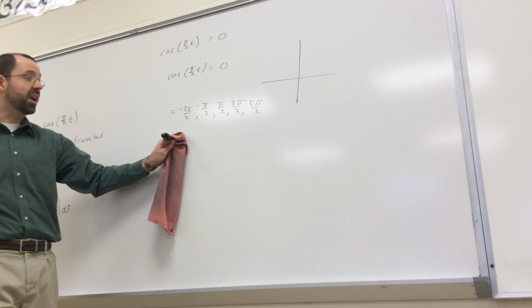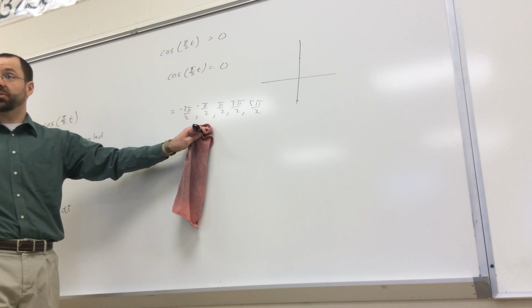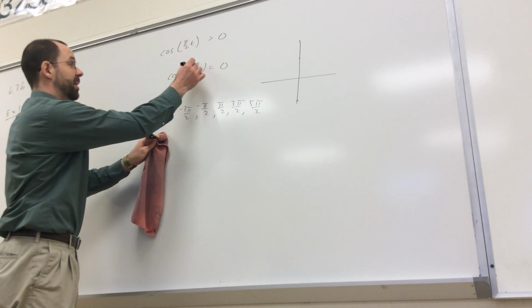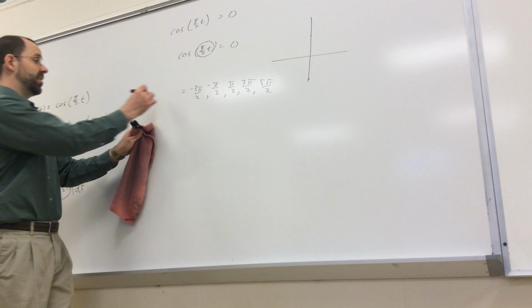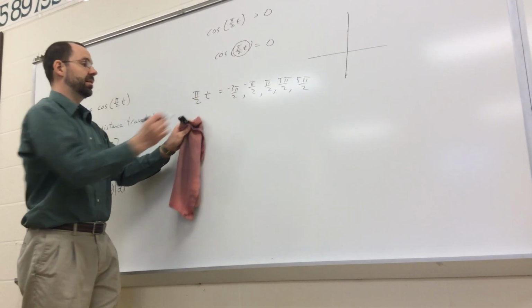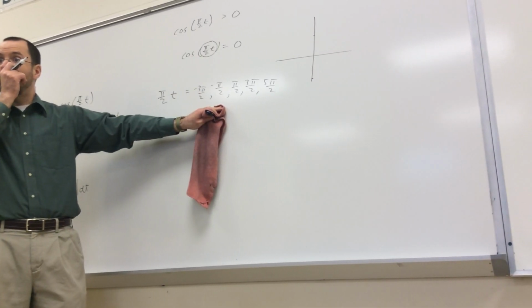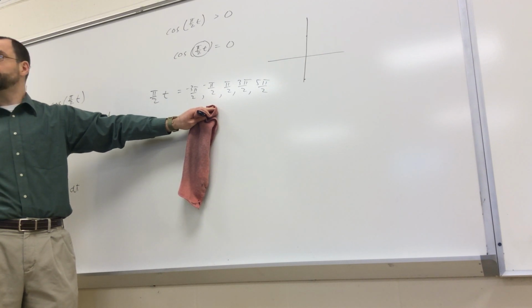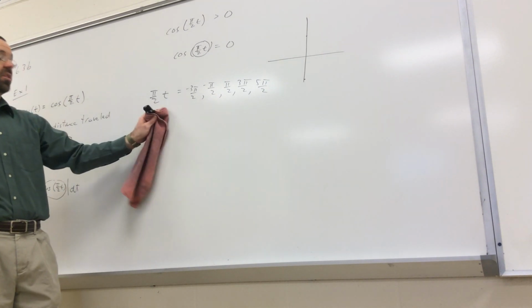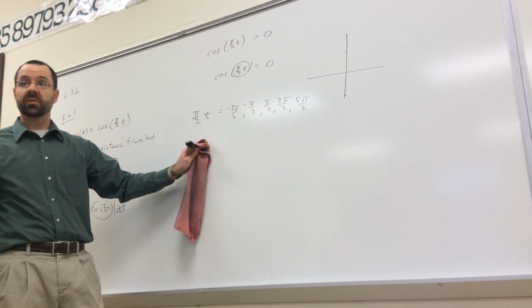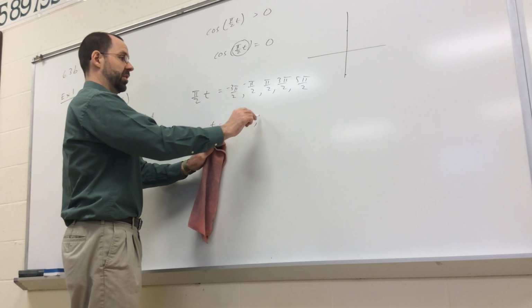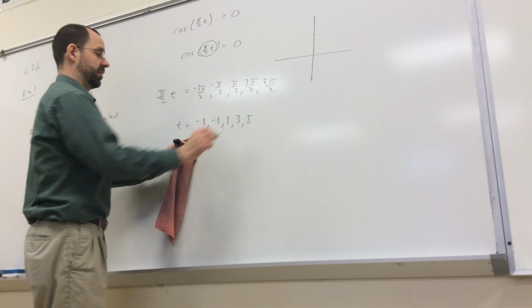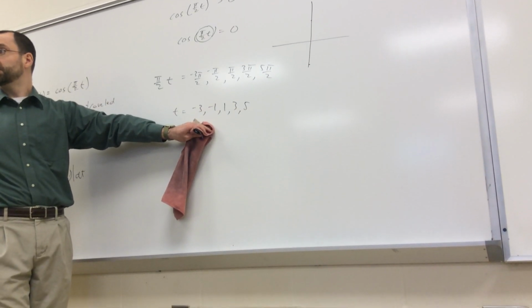So if we took the cosine of these angles, we would get 0. So that means that we need this mess to be these angles. We need the pi over 2t to equal those. So then to solve for t, we're just going to divide both sides by pi over 2. So that'll give us negative 3, negative 1, 1, 3, 5, etc.